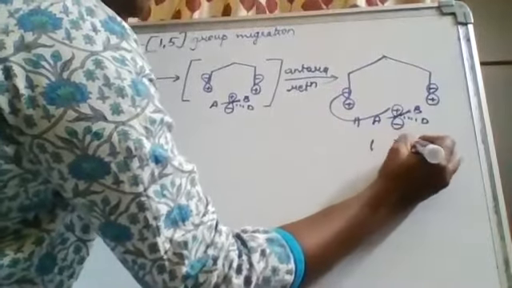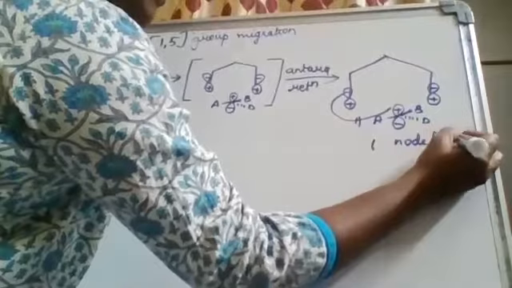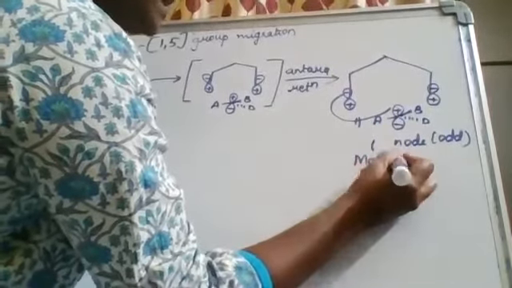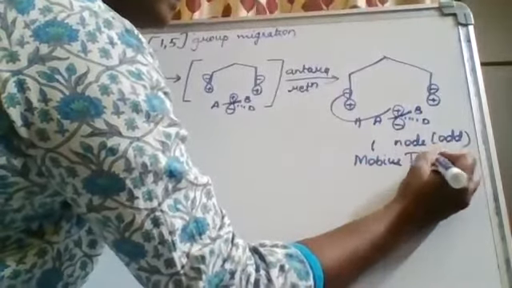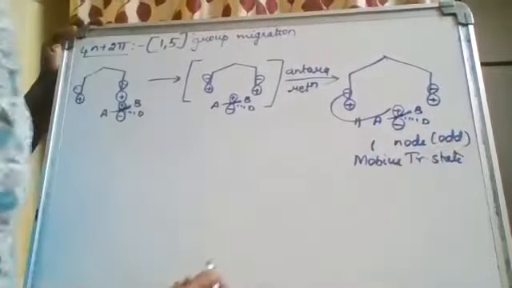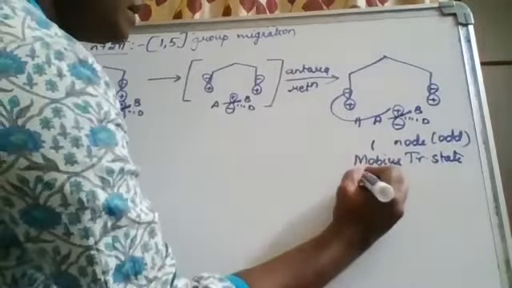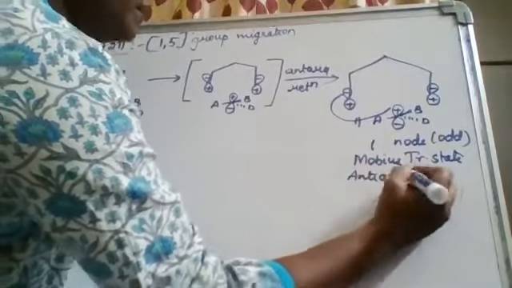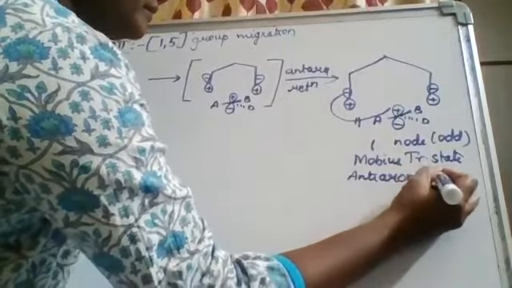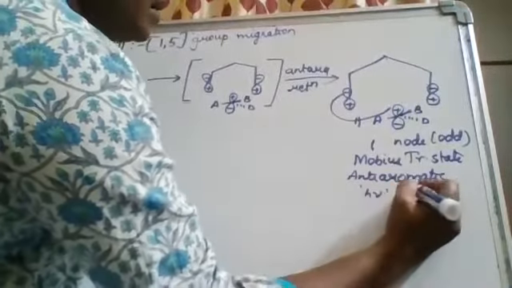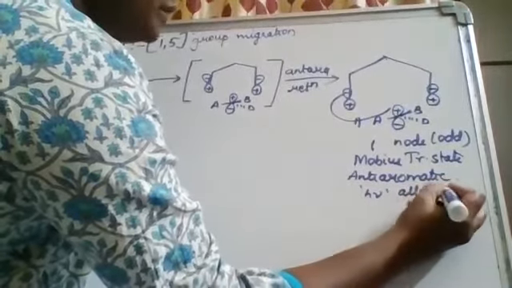So the presence of one node, it's an odd number. It's a Mobius transition state. Since it is a Mobius transition state, the molecule belongs to a 4n plus 2 pi system. It is anti-aromatic. All anti-aromatic transition states are photochemically allowed.